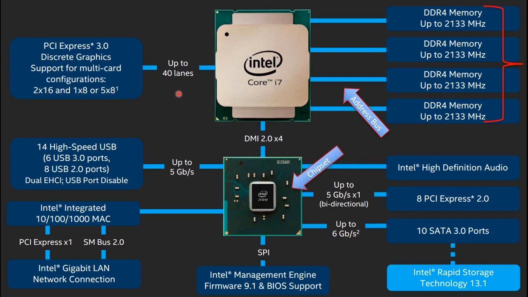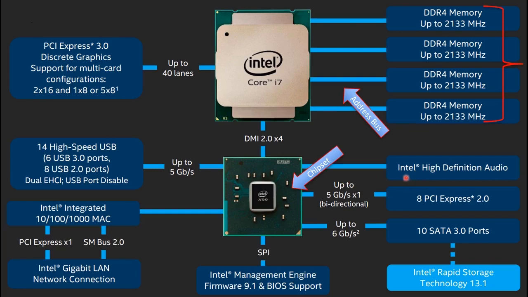Next, the CPU then connects out to the PCI Express bus on the left and to the chipset by way of the Direct Media Interface, or DMI bus. The chipset then connects out to all secondary devices and interfaces.